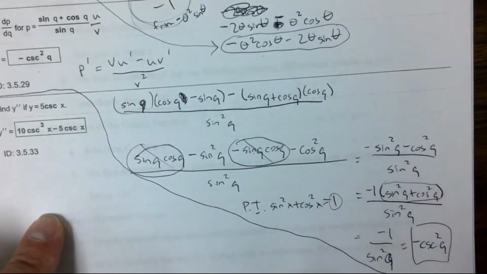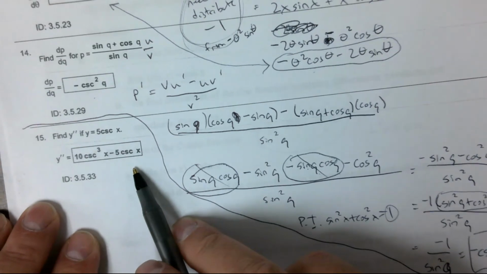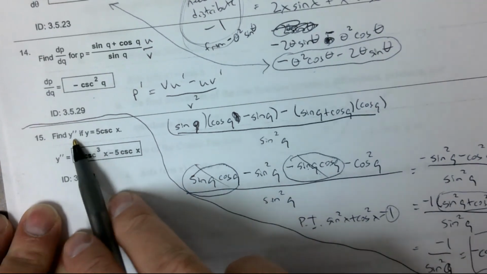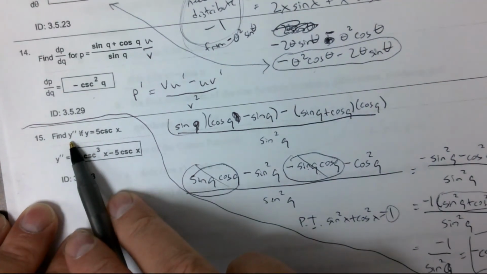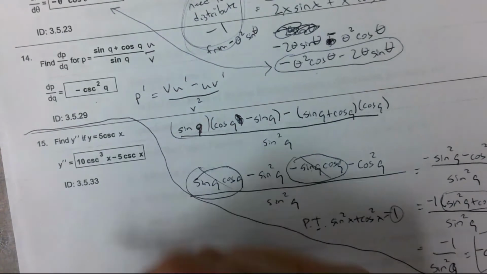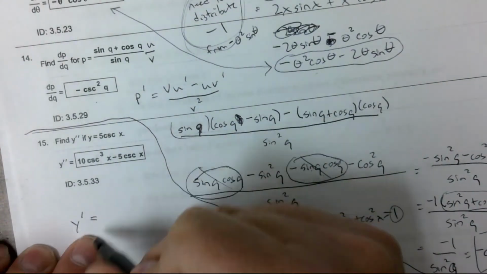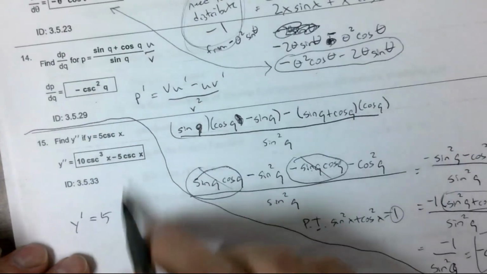Okay, now on this last one, we need to take our time because it says get the second derivative instead of the first derivative. So for y prime, the derivative of cosecant is what?